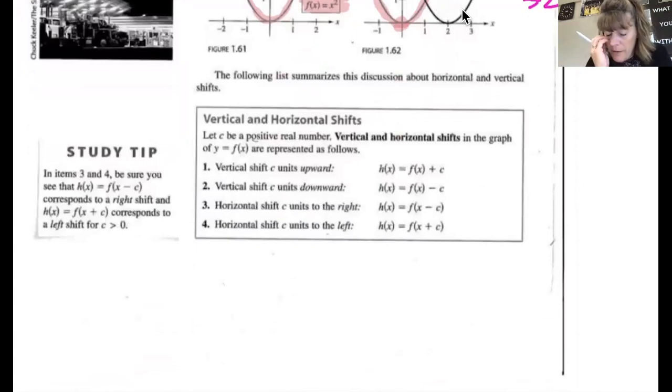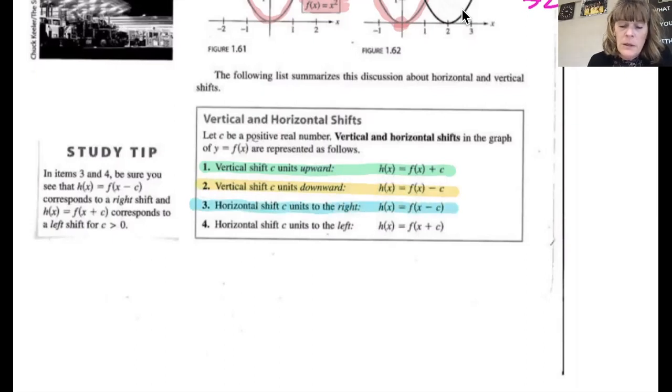If you want to write it down, here, I'll make that bigger. You have the vertical shift, C units upward, looks like that. You have the vertical shift C units downward, looks like that. Then you have the horizontal shift to the right and the horizontal shift to the left.